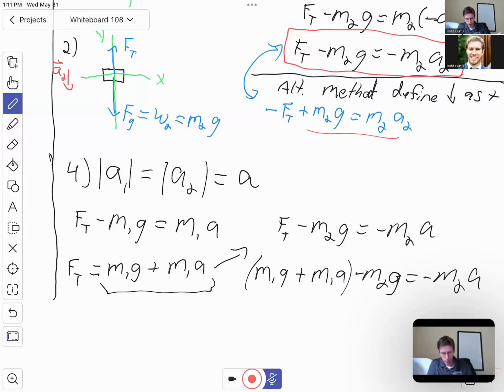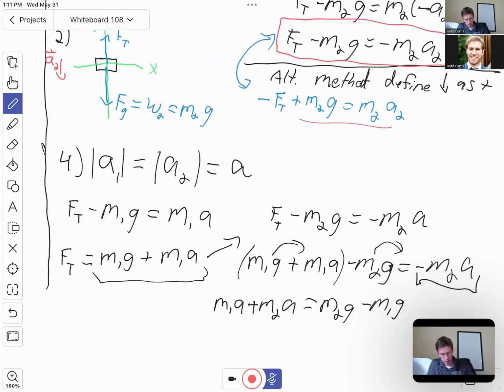Now we can rearrange this equation. So I have M1A plus M2A. I'm going to move this term over, and both of these have to switch sign as they go to the other side. So that's going to be equal to M2G minus M1G. To solve for A, you can divide out.